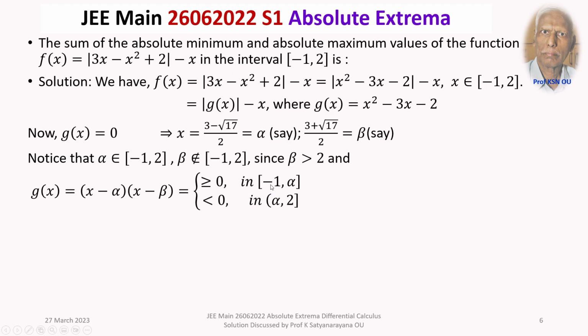In the closed interval minus 1 to alpha, if x belongs to it, then x is less than or equal to alpha, so x minus alpha is less than or equal to 0. But for x in this interval, x minus beta is negative, so combined, g of x is greater than or equal to 0 in the closed interval minus 1 to alpha, and in alpha to 2 it is negative.